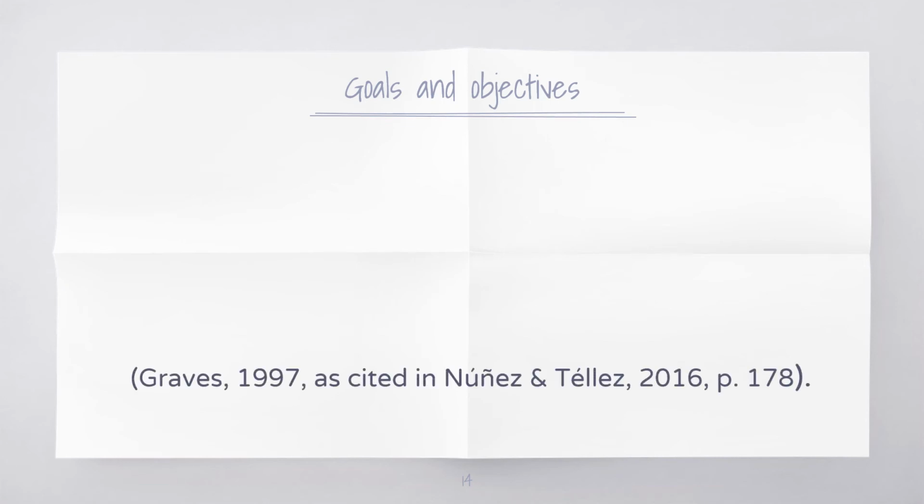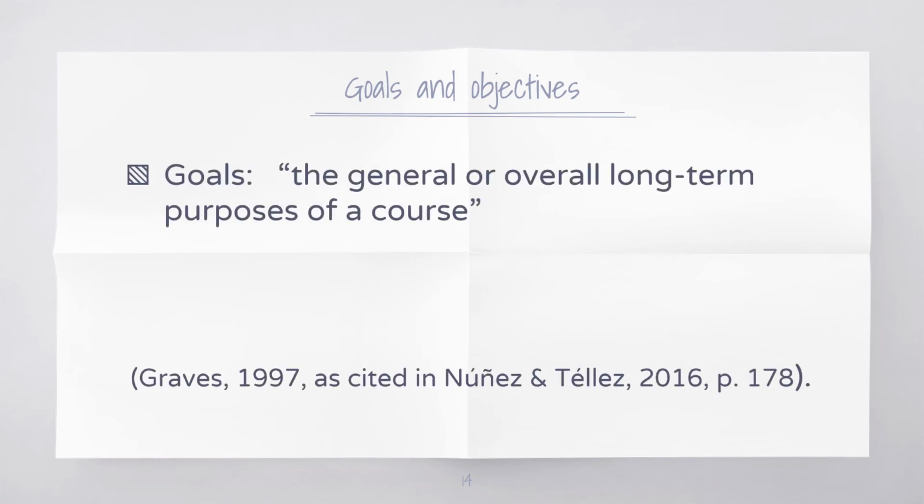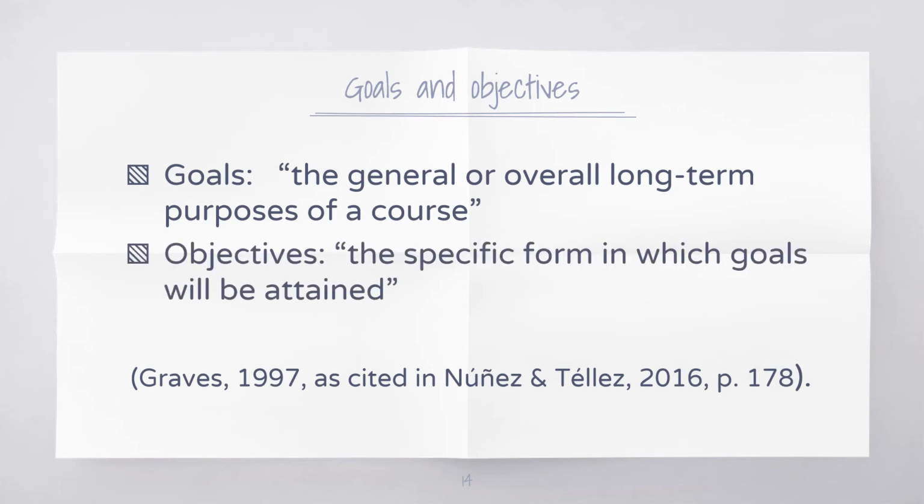Another aspect that results relevant in the selection of materials is setting goals and objectives. These terms are defined by Graves 1997, who states that goals are the general or overall long term purposes of a course, and objectives are the specific form in which goals will be attained.